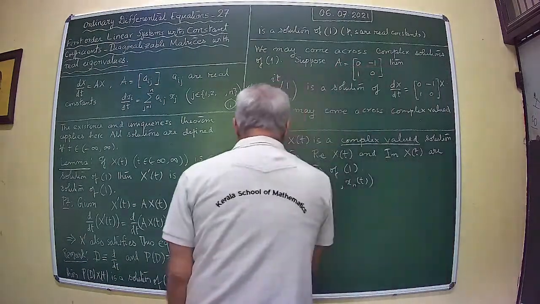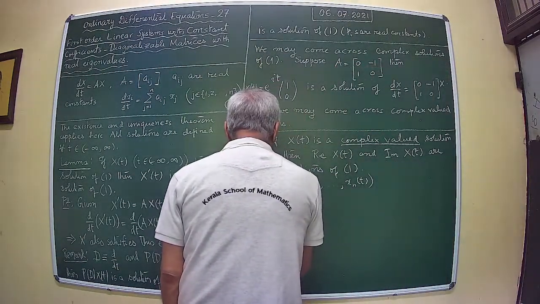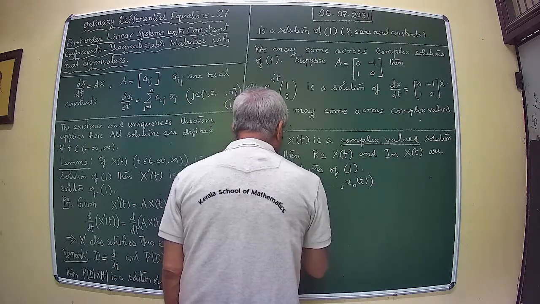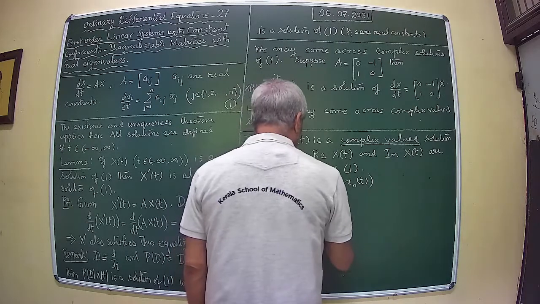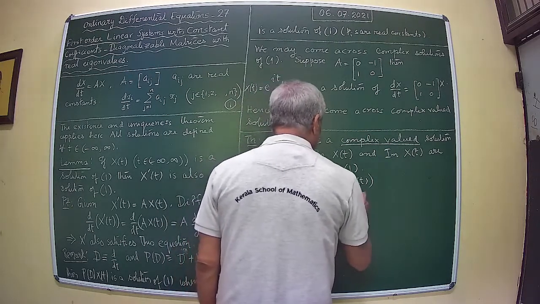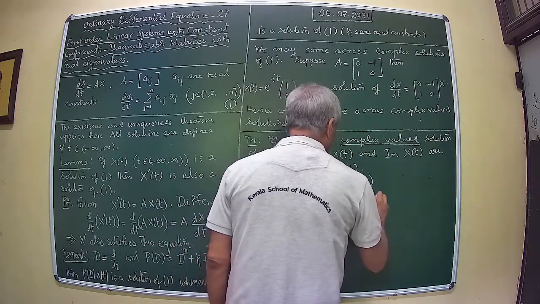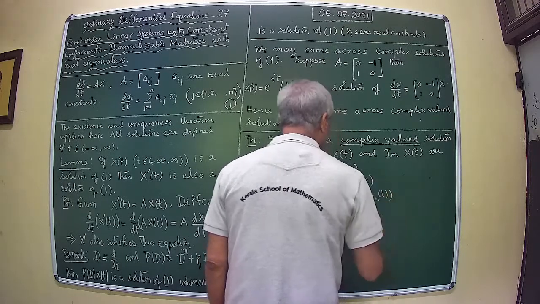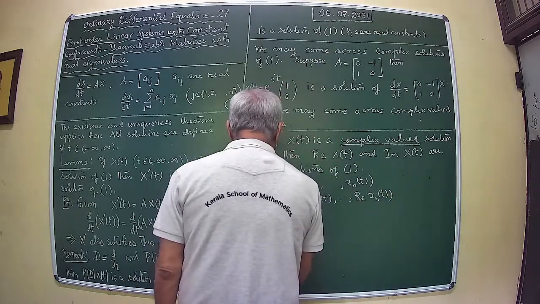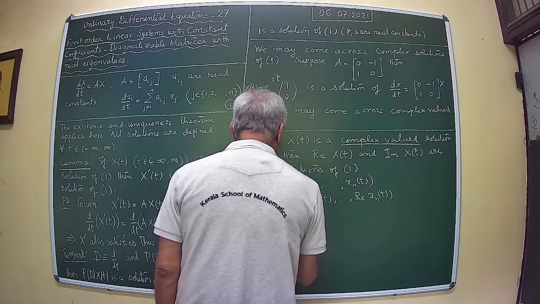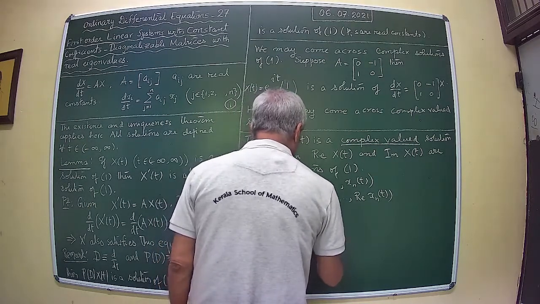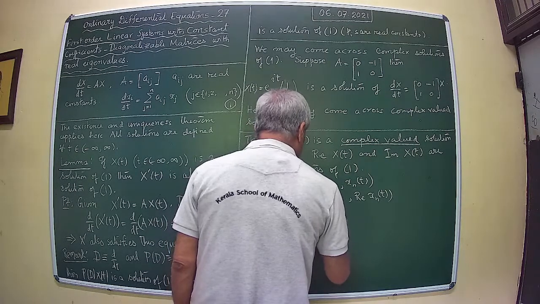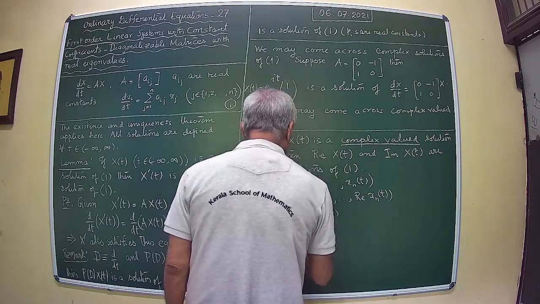Therefore, we write real x(t) and so also imaginary part of x(t), these are notations basically.